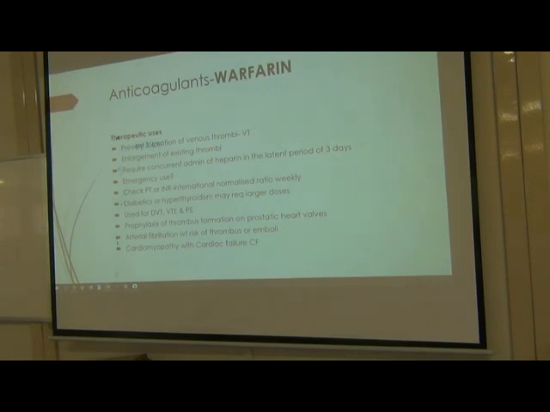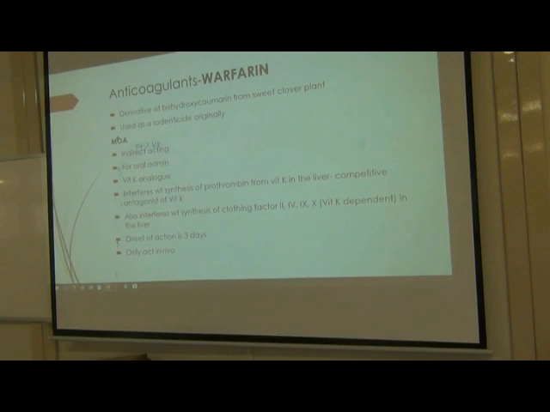They say warfarin is a vitamin K antagonist. Yes. And the other one says vitamin K analog. So one says antagonist and another says analog of vitamin K. So warfarin, remember, it inhibits the synthesis.